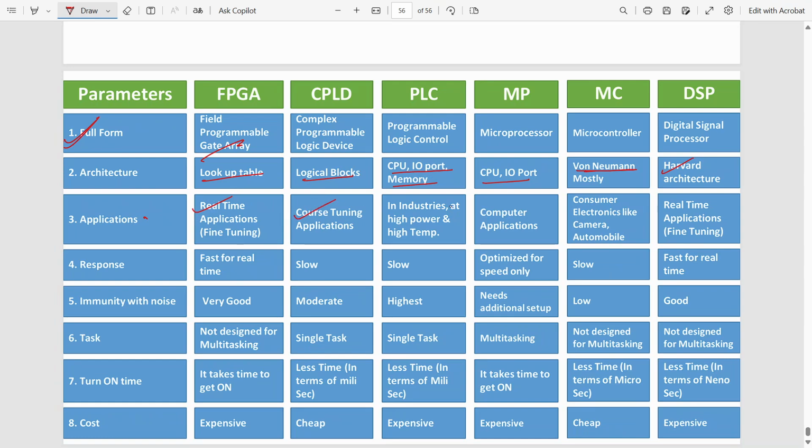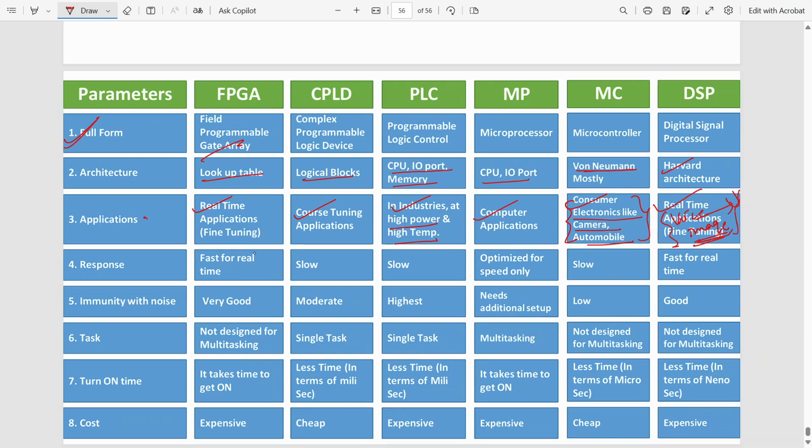Application: real-time application. PLCs are industry applications. For high power and high temperature, we will use PLCs. Microprocessors are for computer applications. Microcontrollers are used for consumer electronics like cameras, automobiles, and household applications. Real-time applications where voice or image related operations are involved will use DSPs.